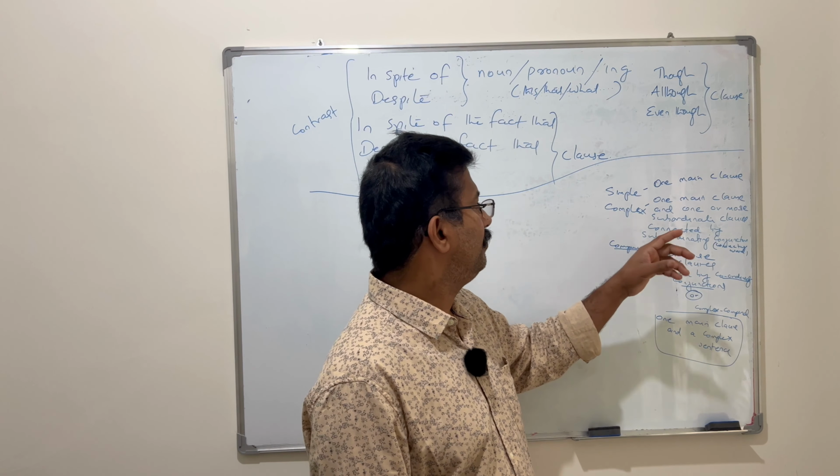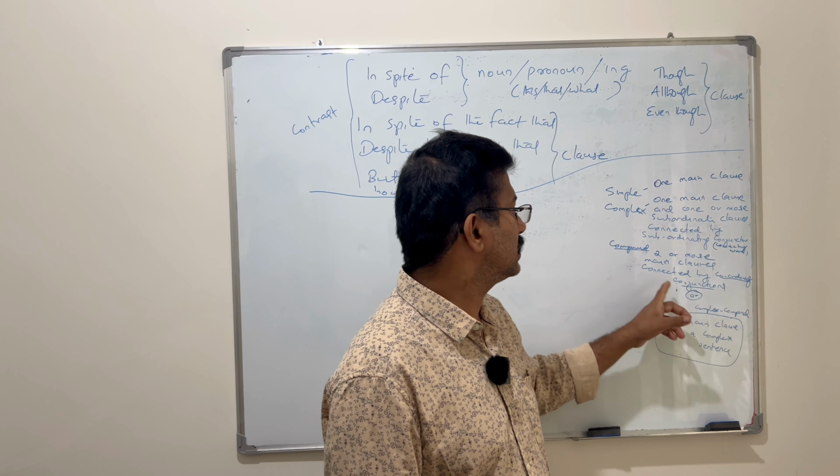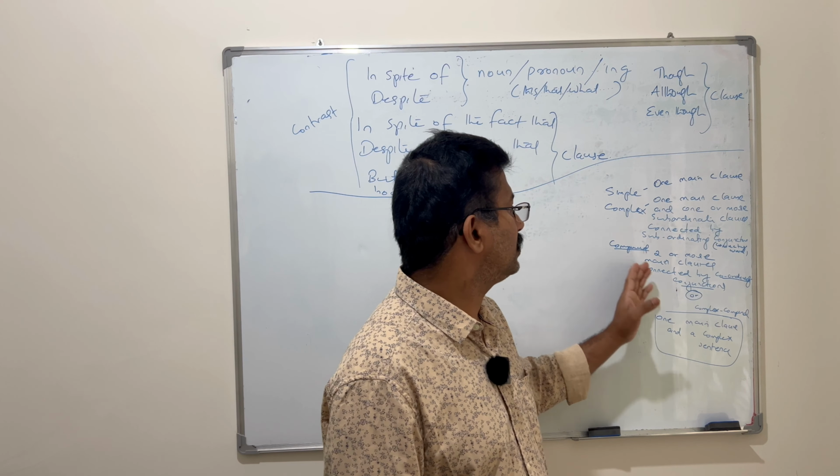Why are there two different names? One is subordinating conjunction, and the second one, with the compound sentence, is coordinating conjunction.